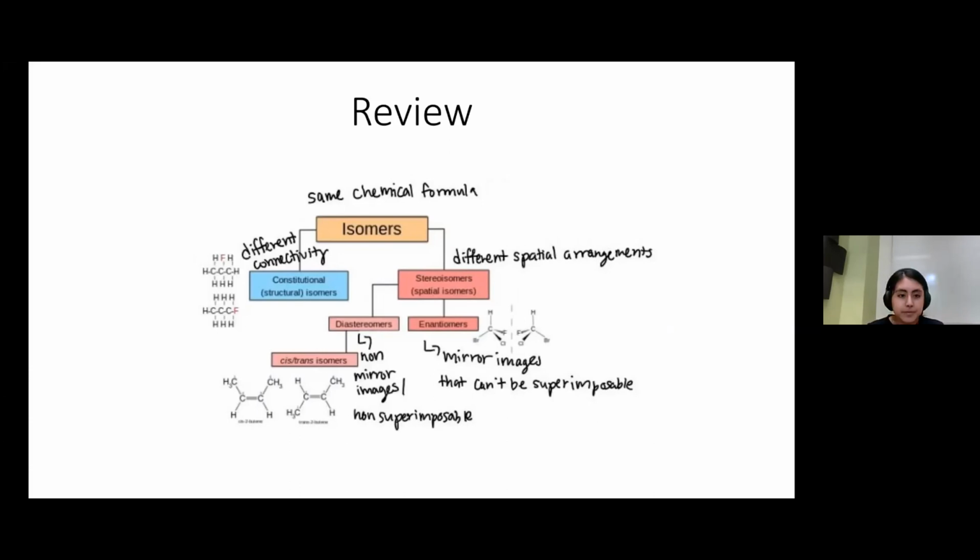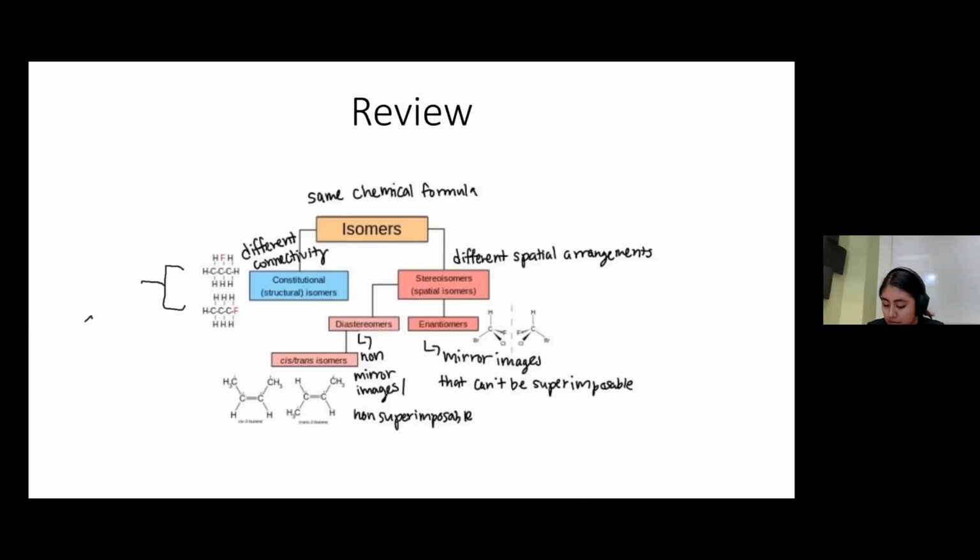If you remember, you talked about isomers, and that isomers are molecules that have the same chemical formula. There are two different types of isomers: constitutional isomers as well as stereoisomers. Constitutional isomers are molecules that have the same chemical formula but different connectivity. For instance, you see these two molecules.